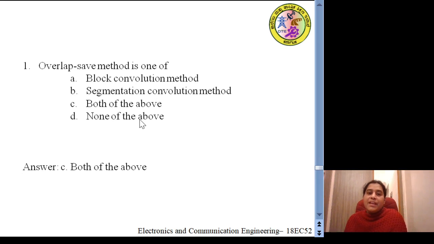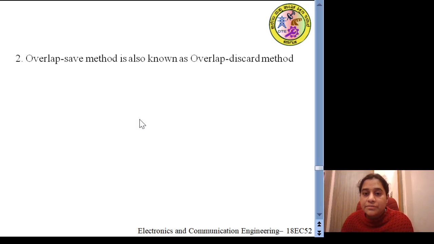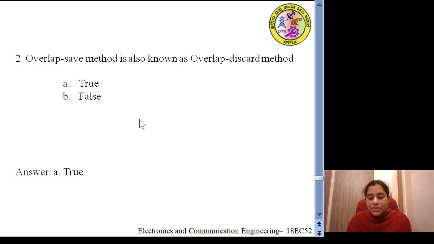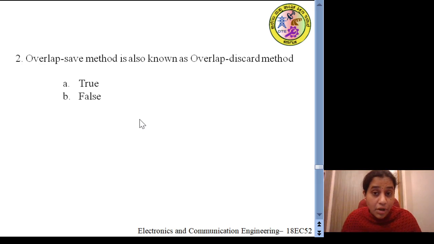Now let us go to the next question. Overlap save method is also known as overlap discard method. Is it true or false? As we discussed, first we divided the input samples into a number of blocks.